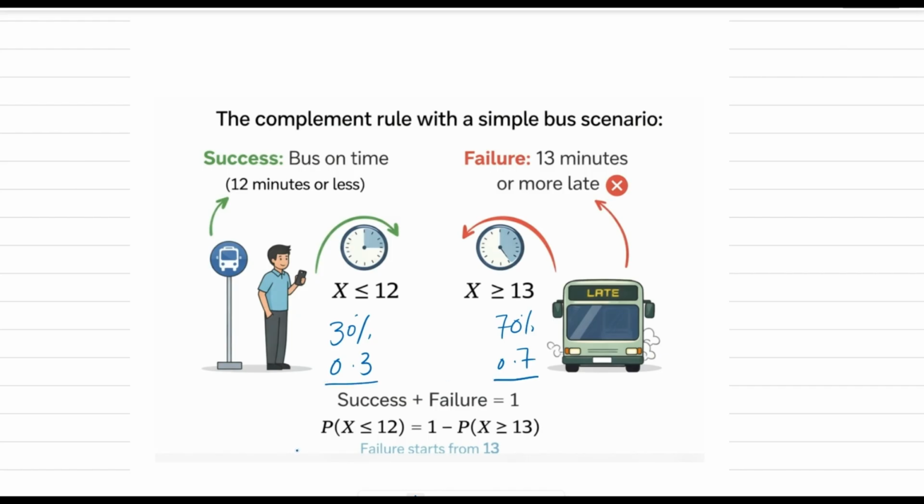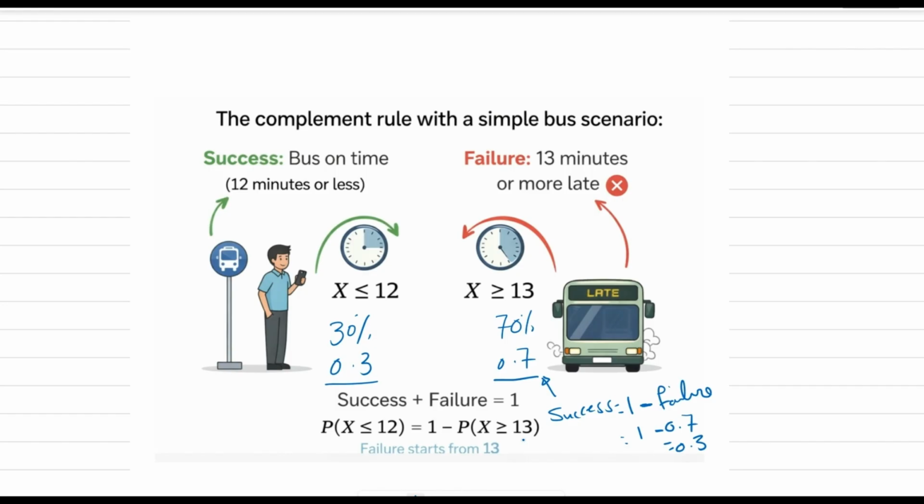Or if you would like to calculate the success and you know the probability of the failure, you say success equals 1 take away failure, which is 1 take away 0.7, this will give you 0.3. So usually we rely on this relation, success plus failure equals 1.